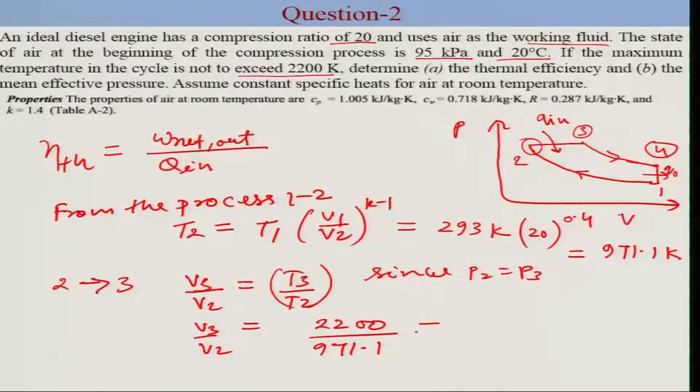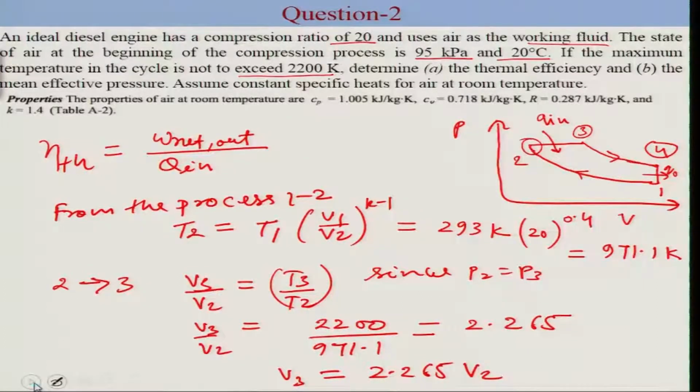So this gives 2.265. So from here we can get V3 in terms of V2, which is 2.265 times V2. We will make use of this in the next process.